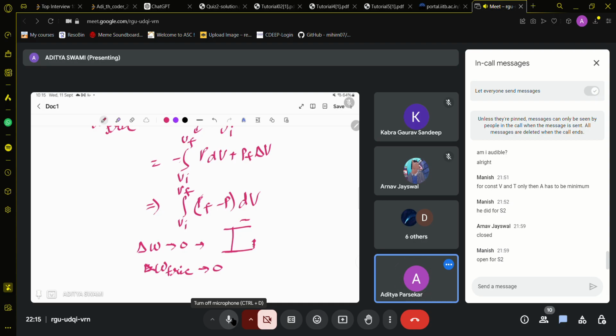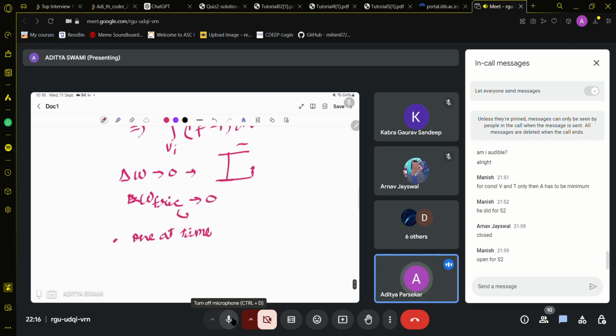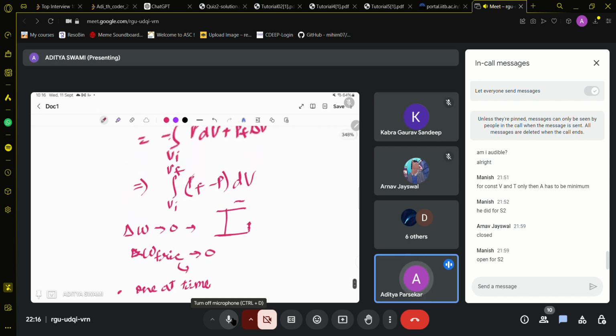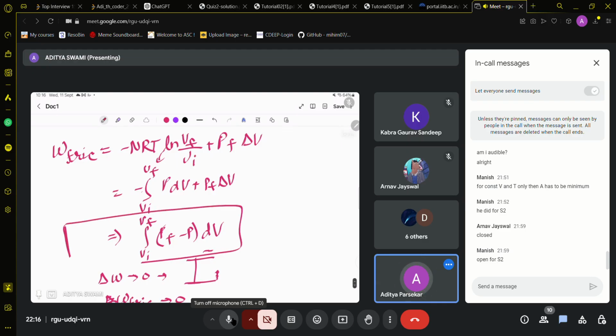So we can say that when we remove the sand grains one at a time, that will lead to the most efficient conversion of work, since there is no heat energy that is lost as frictional work. So basically this is the final equation that you get, that is W friction is equal to this.